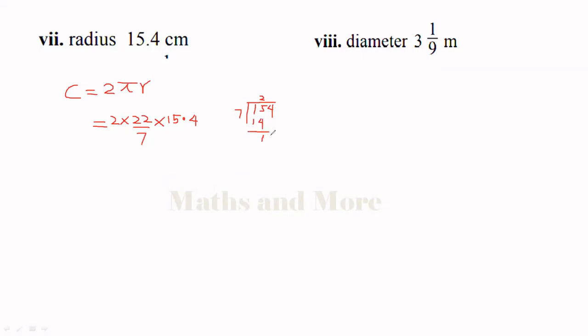Take this 4 down to here. Then 14, 7 into 14, 2. 14 minus 14, 0. Here we have 15.4. If the decimal point is there, then put the decimal point here. So you can cut 7 with 15.4, then that is 2.2. Okay.